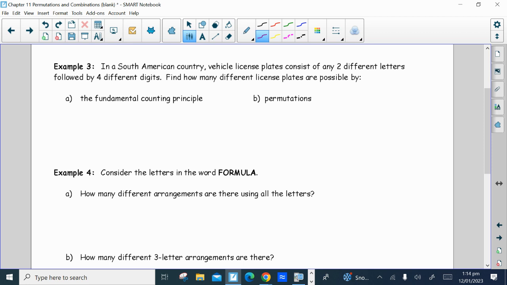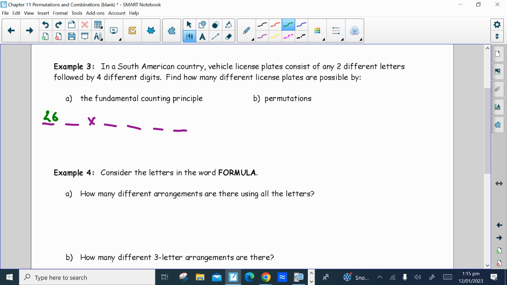In a South American country, vehicle license plates consist of any 2 different letters followed by 4 different digits. How many different license plates are possible? First, using the fundamental counting principle, you'd have to do this in 2 parts: one for the different letters and the other for the different digits. There are 26 letters in the alphabet, so you would have 26 choices for the first character.